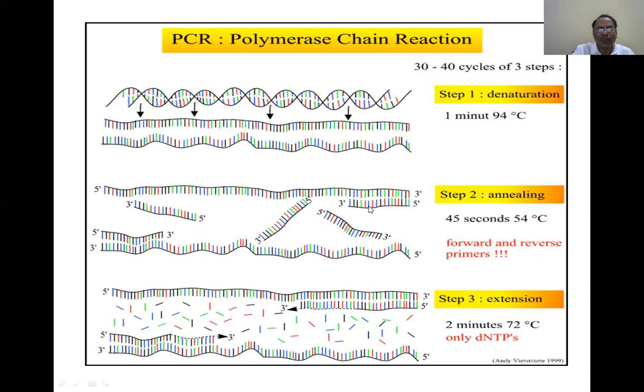And once they have come over there, this is what is called the second process, the annealing process, and the primers all come and stand at their positions. And then the next one is that the enzyme will come.